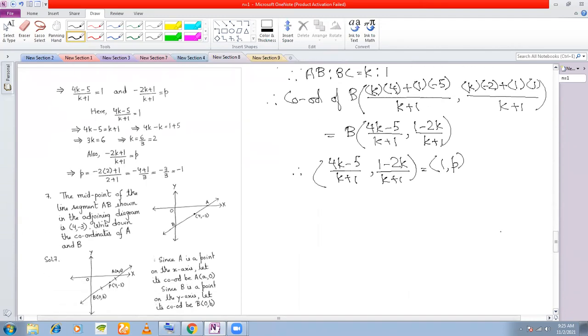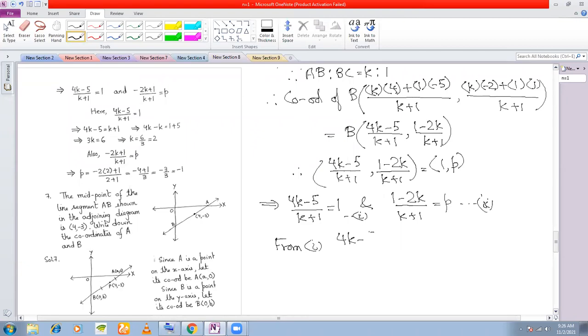Now we'll equate the x-coordinate and the y-coordinate separately. Call this 1 and this 2. From 1 we can find the value of k by solving it.